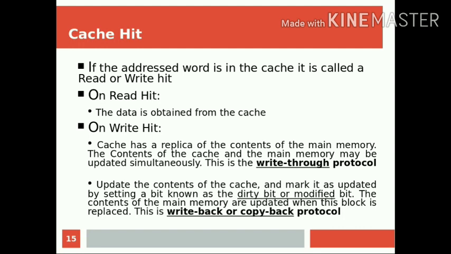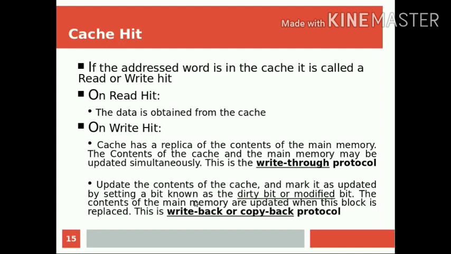In the case of write through protocol, the contents of the cache and main memory are updated simultaneously. In the case of write back protocol, we update the contents of the cache first, then mark it as updated by setting a bit known as the dirty bit or modified bit.